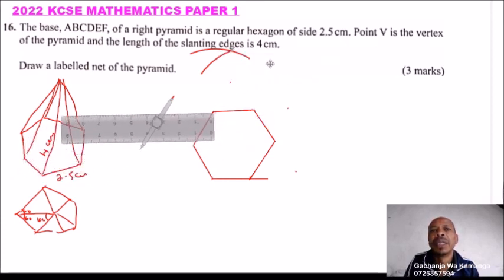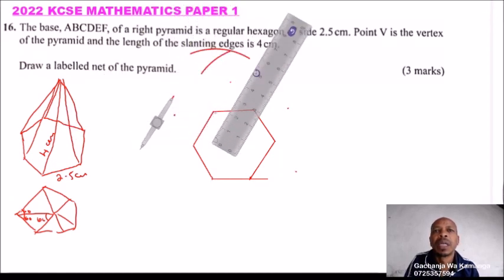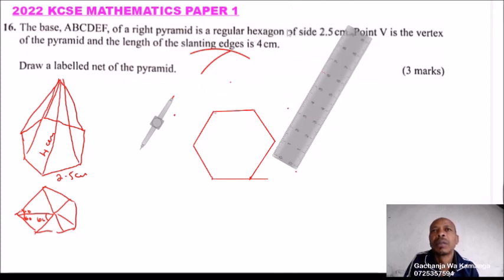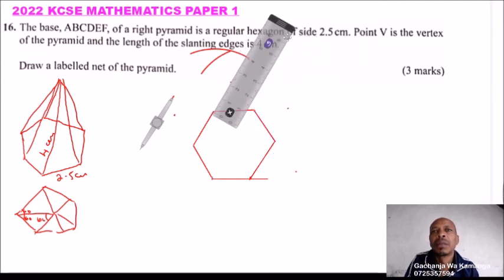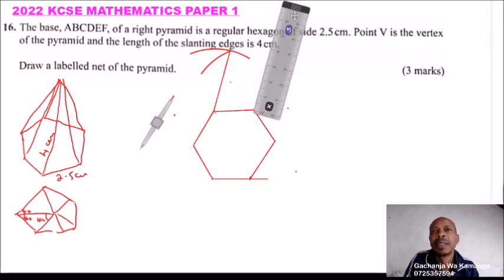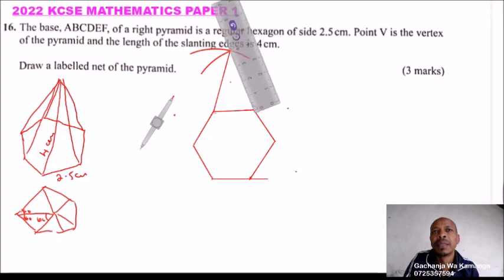So we use this one. From there, we draw a line, and again we take it to the other side, and we draw another line.